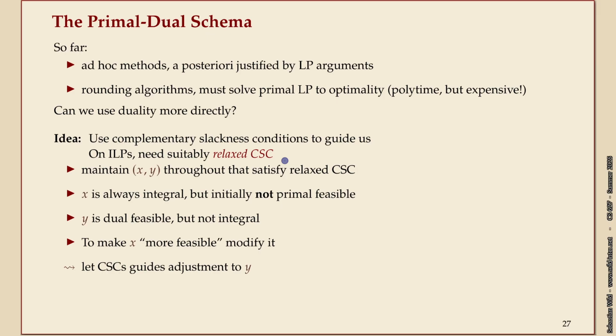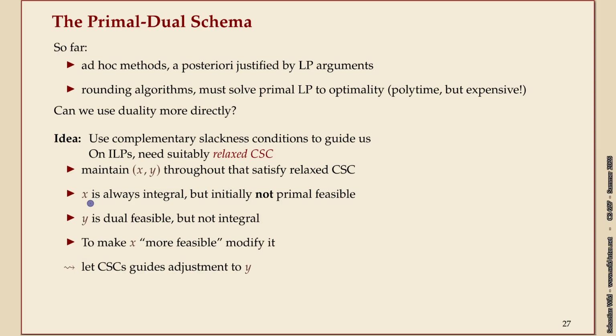You can consider some relaxed version of the complementary slackness conditions, and I'll show you in a second more concretely what that means. And then we can try to somehow maintain a pair of solutions that satisfy these relaxed complementary slackness conditions.